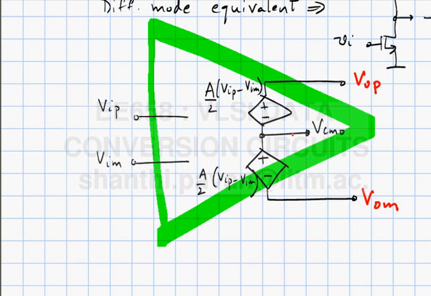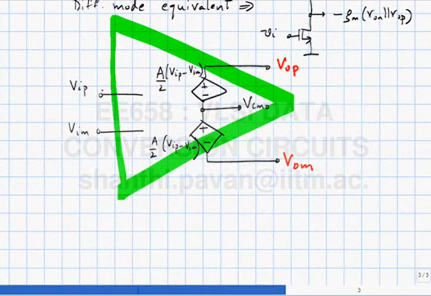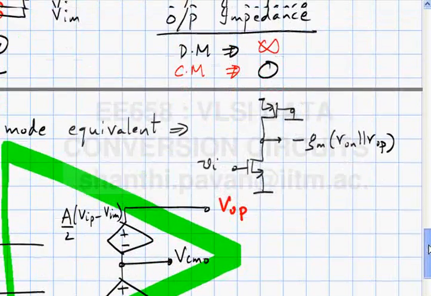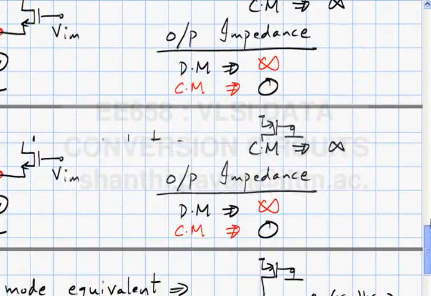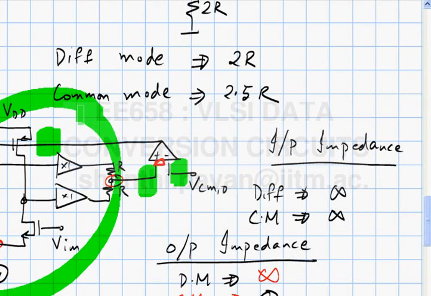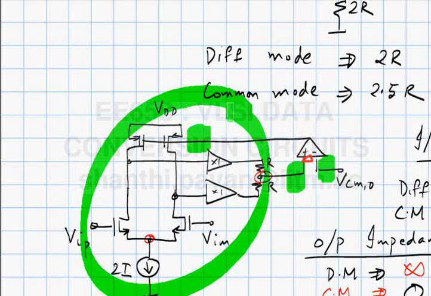By construction, the output common mode is VCMO. And the input impedance for both common mode and differential mode signals is infinite. It turns out that it is quite straightforward to convert this into something which has very low output impedance even for differential mode signals.